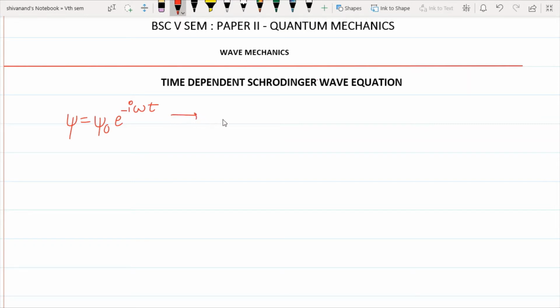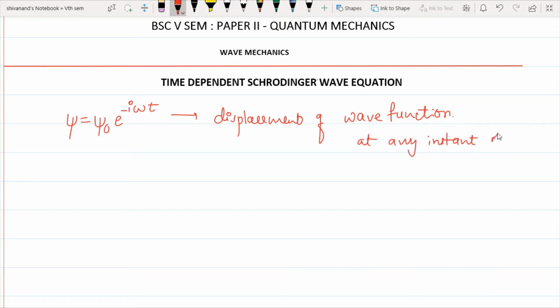Right, so it is the displacement of a wave function at any instant of time t.